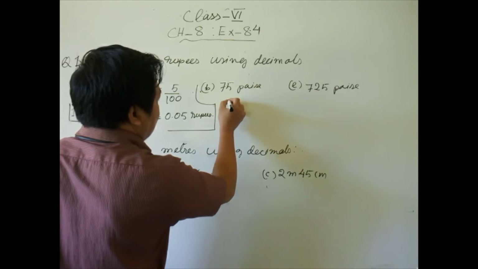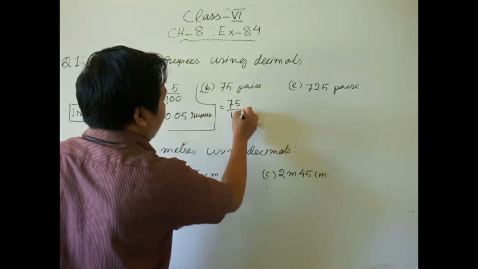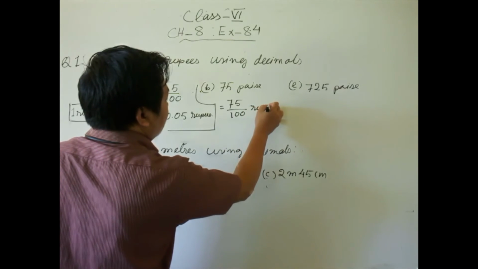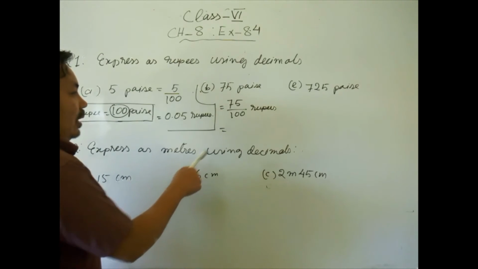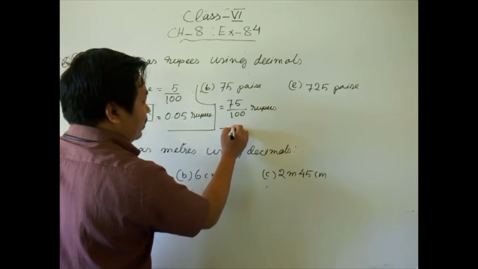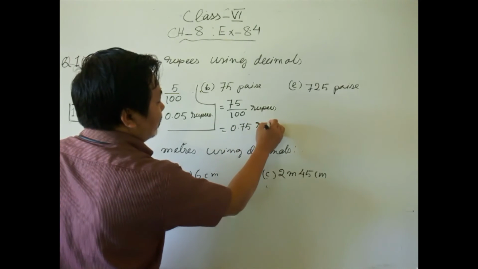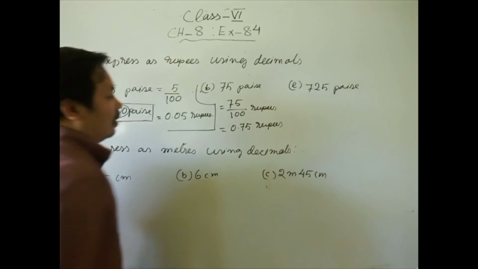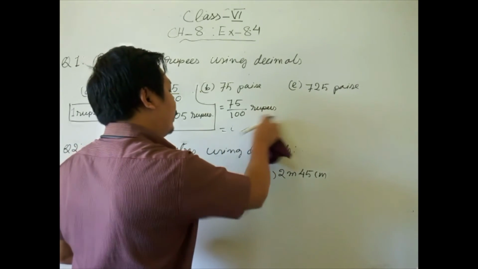You know that this 75 will be divided by 100 and becomes a decimal. So 75 by 100 means 0.75 rupees. We need to place the point here.